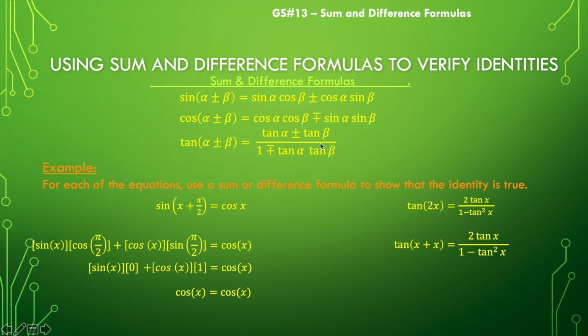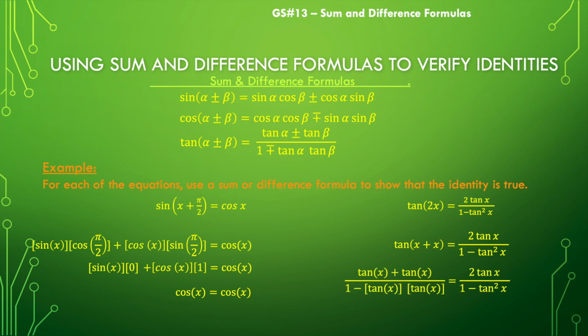Okay, so I'll use this tangent sum formula, which means I'm going to use the top signs, and I can say, well, if I am expanding tangent of x plus x, well, that's tangent of x plus tangent of x divided by 1 minus tangent of x times tangent of x.